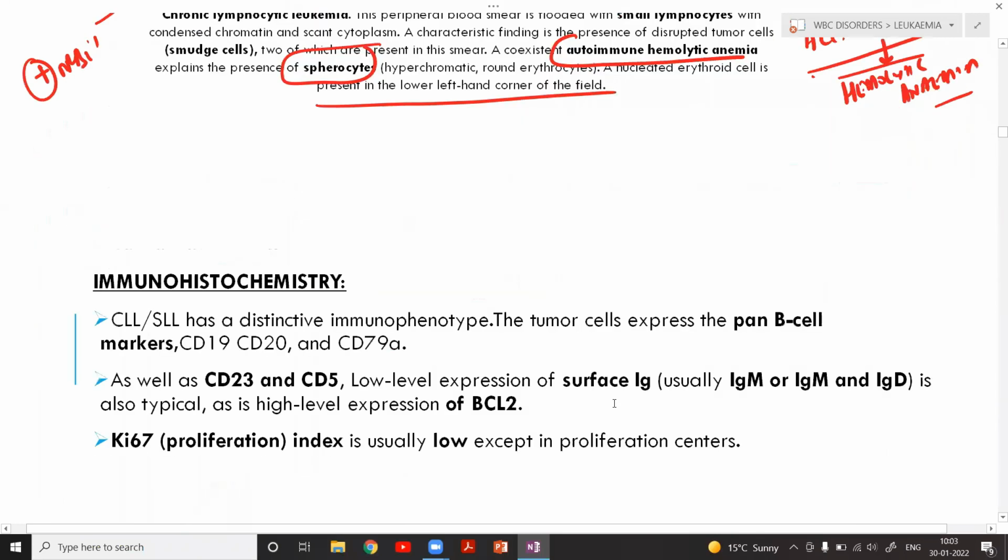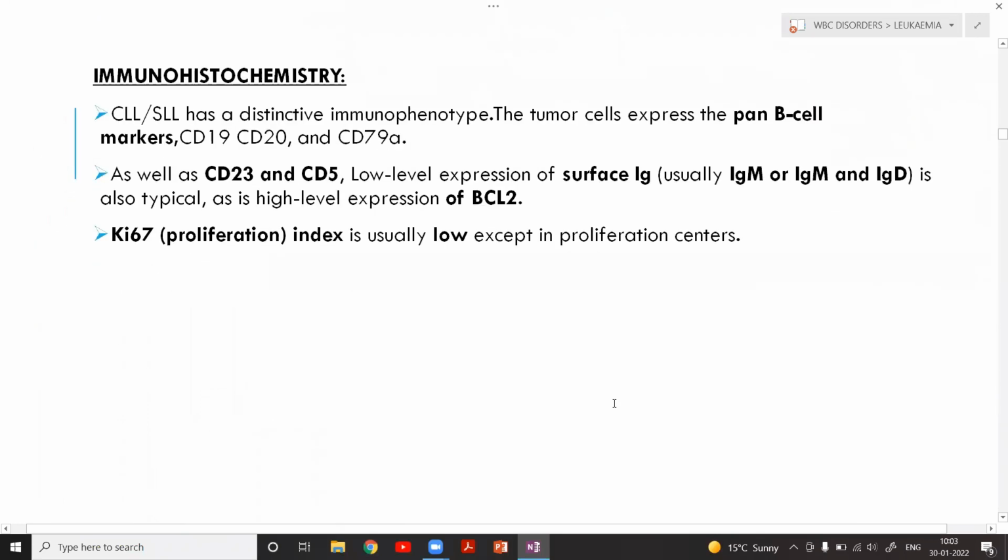A very important thing is the immunohistochemistry. As the topic of discussion today is mature B cell neoplasm, the B cell markers will be positive. Markers like CD19, 20, 79A, PAX5 will all come out positive. What is very important are two markers, CD23 and CD5. They are usually positive here.